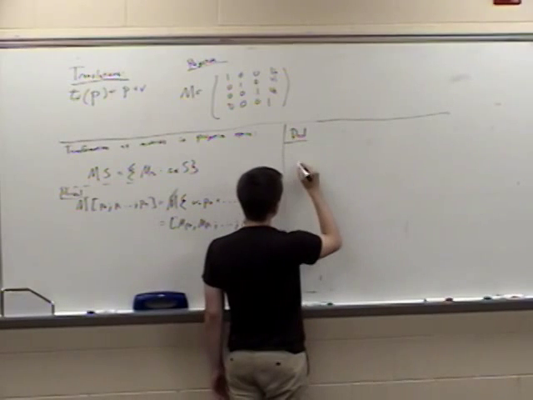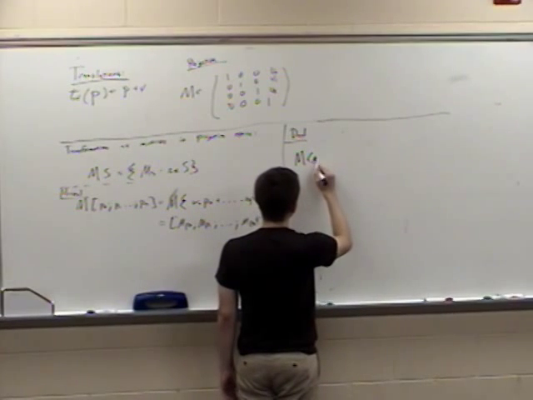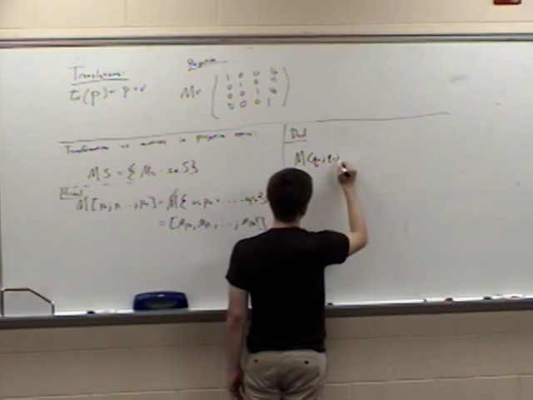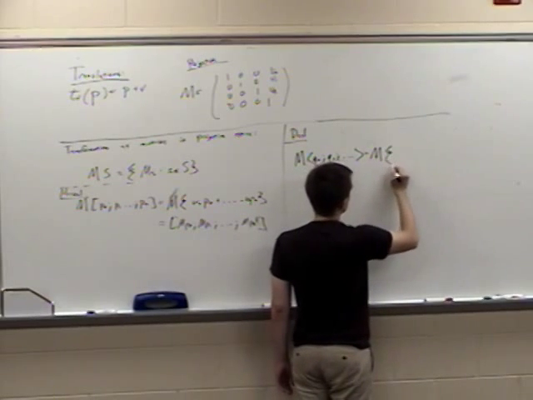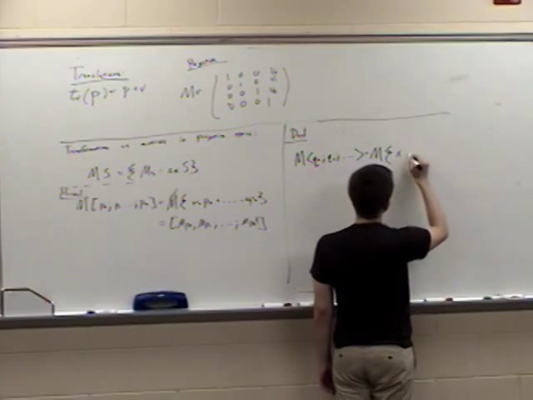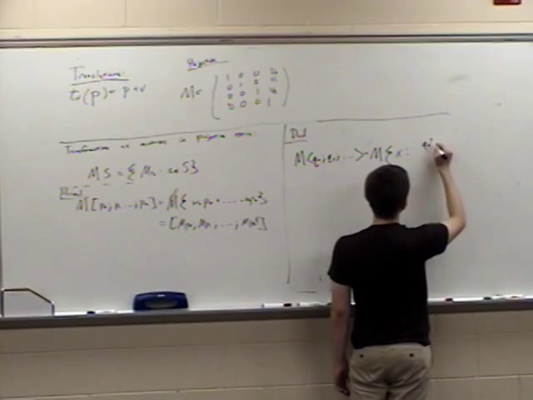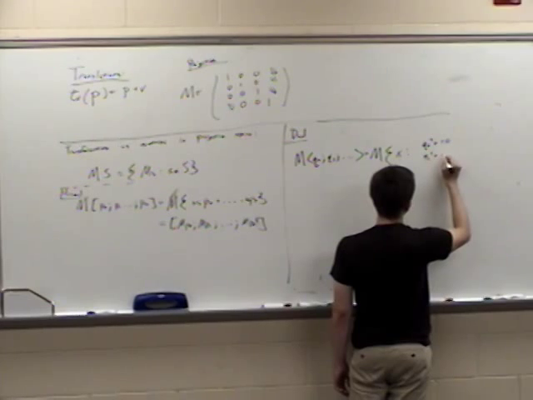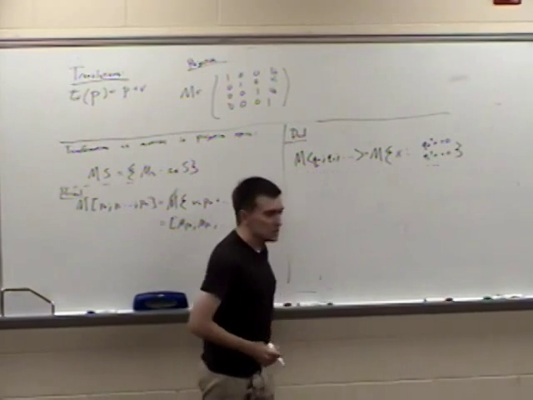So if I apply some matrix M to one of these dual representations, well, this is the same thing as applying M to this set of all of these x's, such that Q0 transpose x equals 0, Q1 transpose x equals 0, etc. So now, what happens?